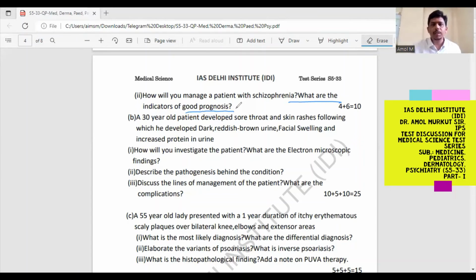Mild facial swelling and mild protein in urine are not signs of nephrotic syndrome. Mild protein will be there in urine in nephritic syndrome, or in this case post-streptococcal glomerulonephritis. Okay.